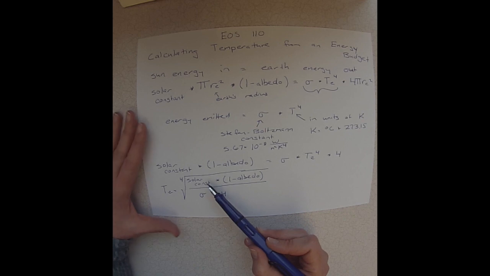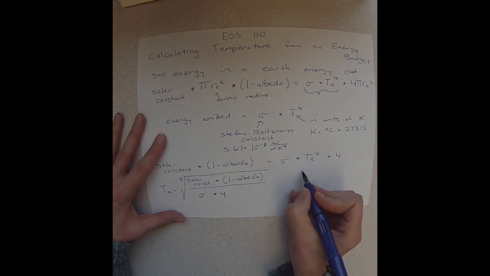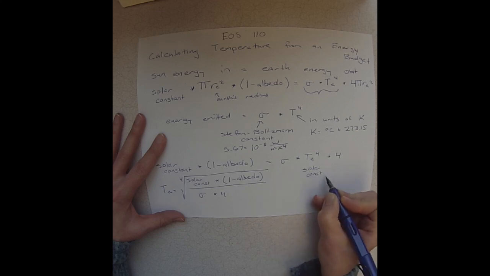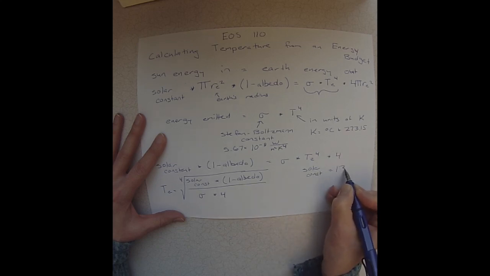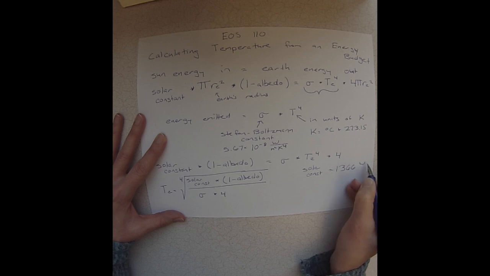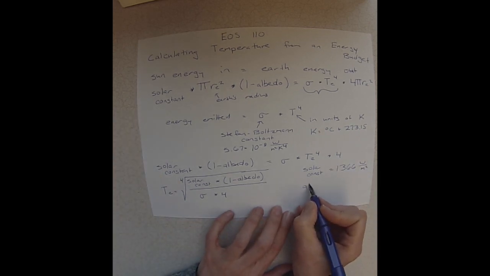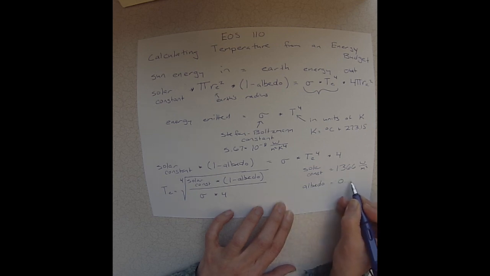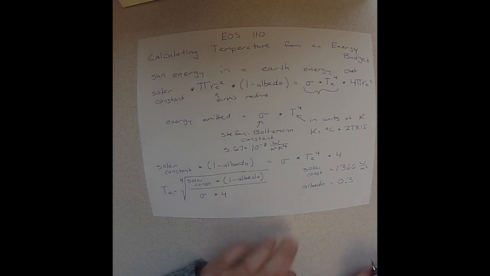Now in class, we looked at a calculation where the solar constant was one appropriate for the Earth, which is 1366 watts per meter squared. And we used an albedo similar to the actual Earth, which at present is about 0.3.